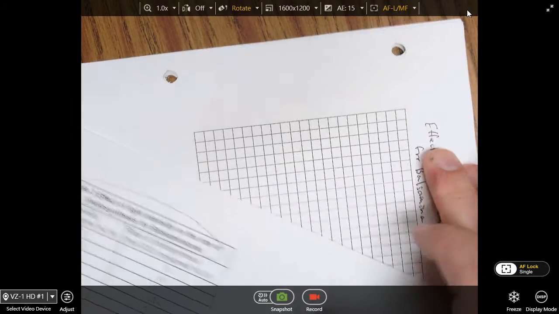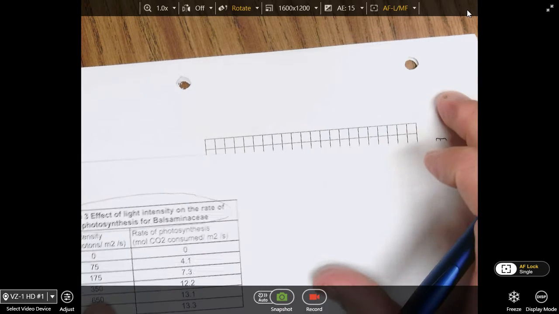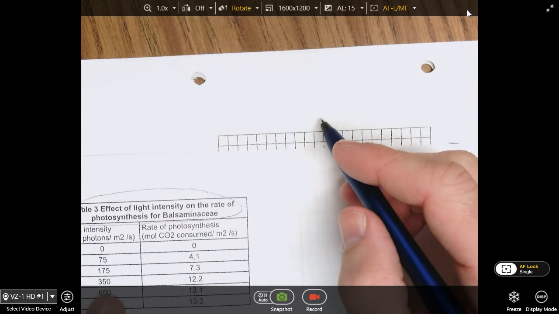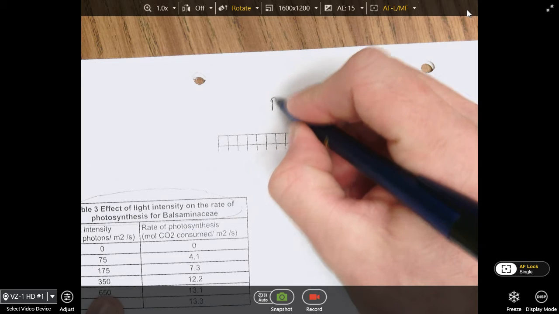And now I'm going to do the Y. So I'm going to just spin this and I'm putting the Y. Again, I need to put numbers here for my scale, so I'm going to write it slightly above.